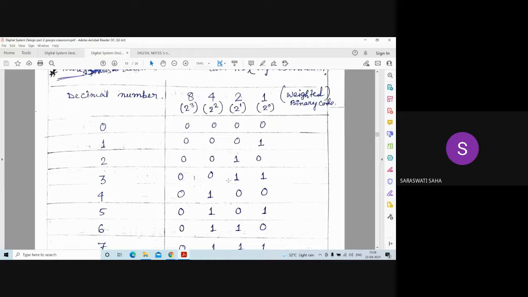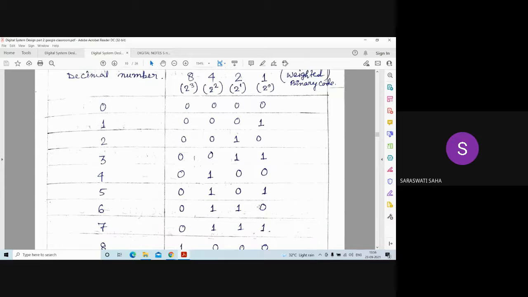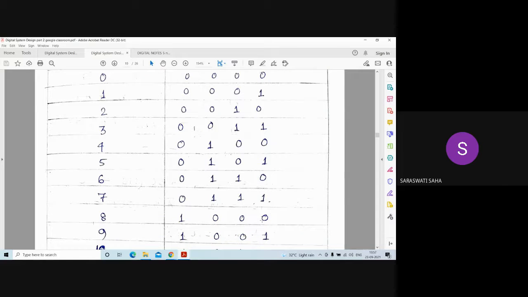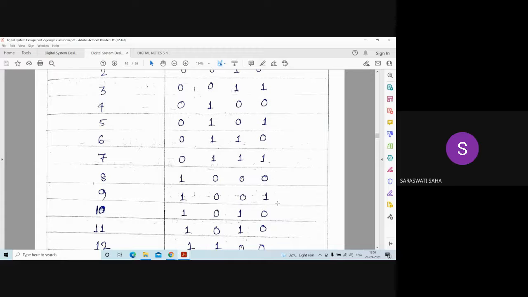Then what is the next digit here? 1 1, then place 1 1 1 1. After 1 1 it becomes 1 0 0. So write 1 0 0, then write here 1 0 0, then add 0 1. Then you will get 8 and 9.